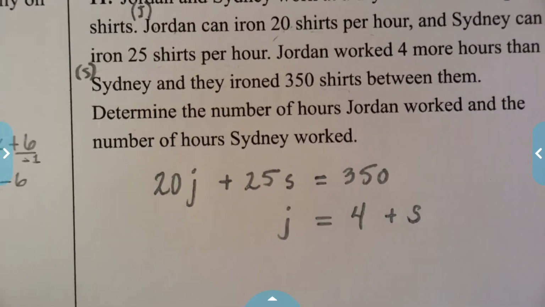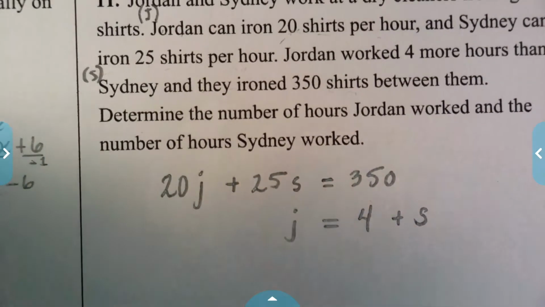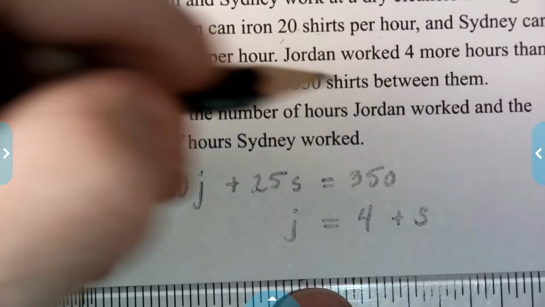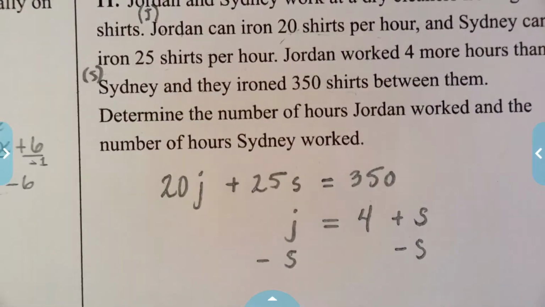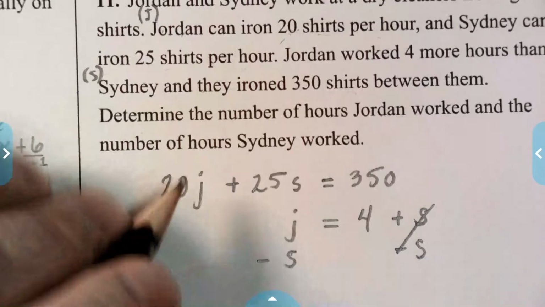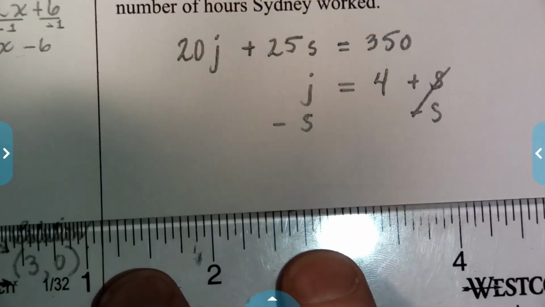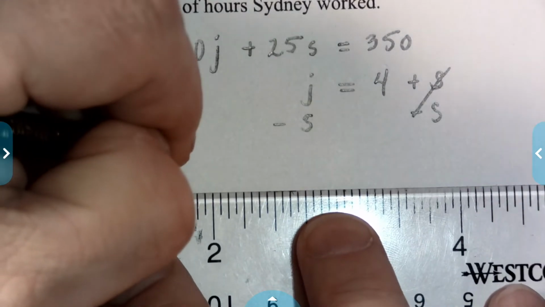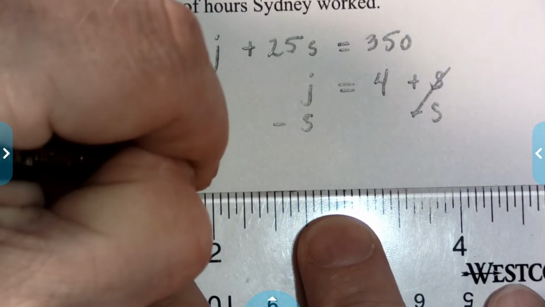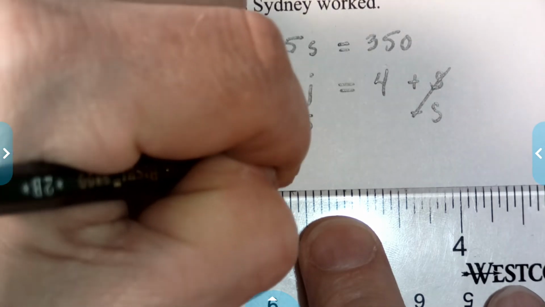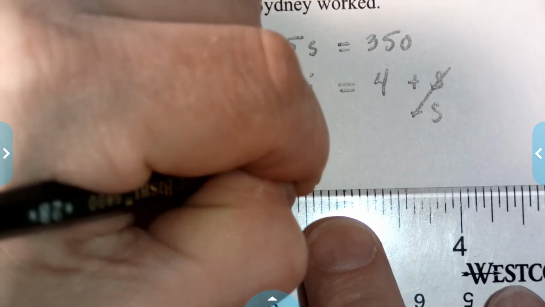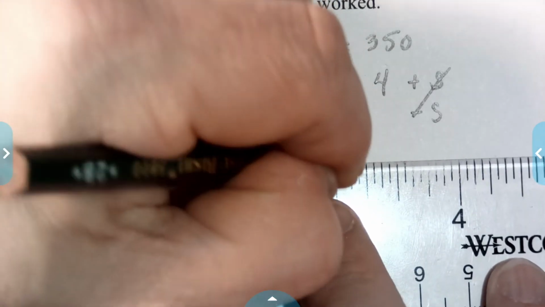So now we have a system, right? If I subtract S from both sides and do a little rearranging, I'll have this right here. I'll have 20J plus 25S equals 350.